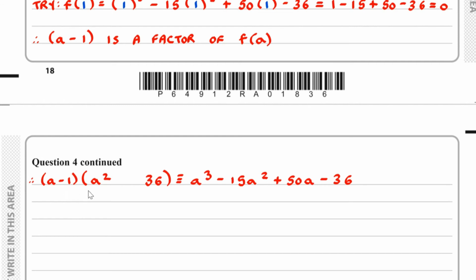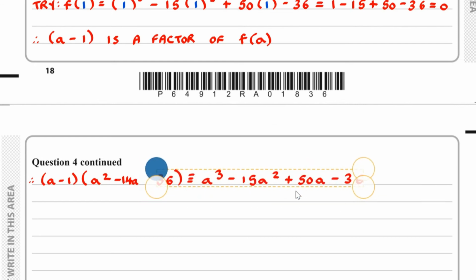And if I do minus 1 times a squared, I get minus a squared. I want a minus 15a squared, so that means I need to take away another 14a. So I've got a squared minus 14a plus 36 is equivalent to a cubed subtract 15a squared plus 50a minus 36.